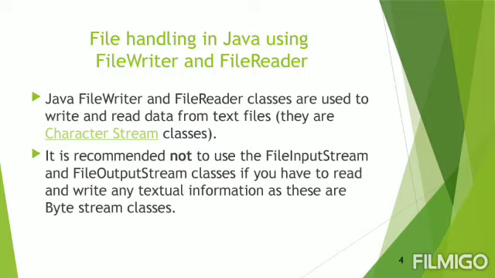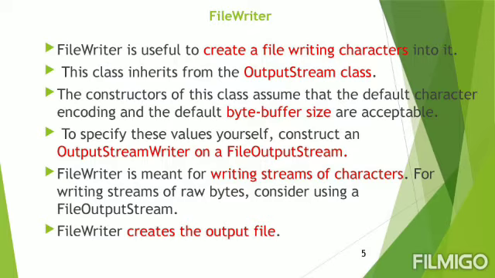But it is not recommended to use the FileInputStream and FileOutputStream classes if you want to read or write any textual information, as they are byte stream classes. The FileWriter is useful to write a character into a file. This class is inherited from the output stream classes.